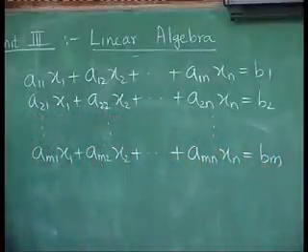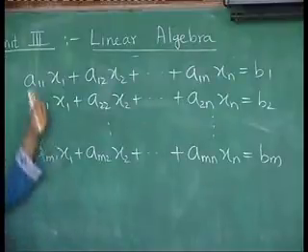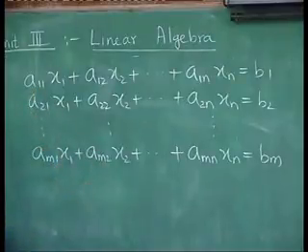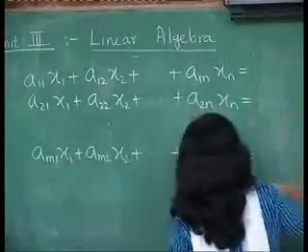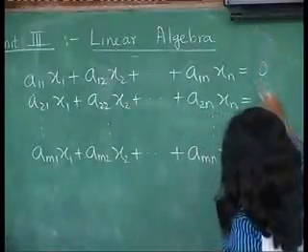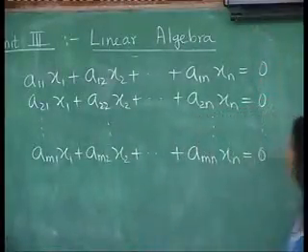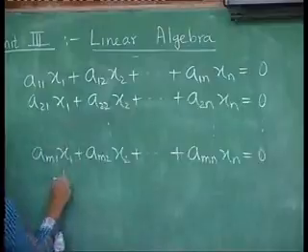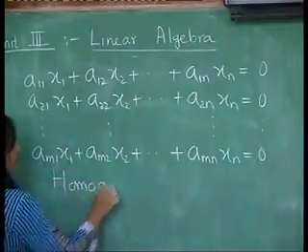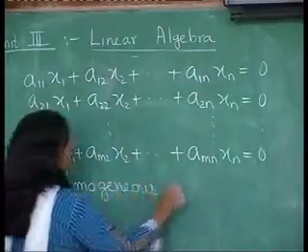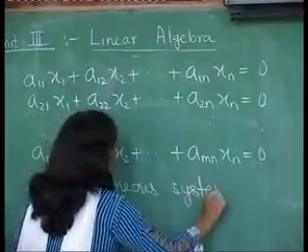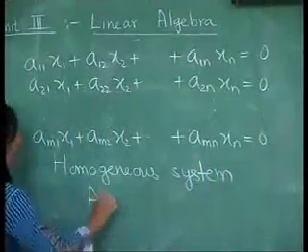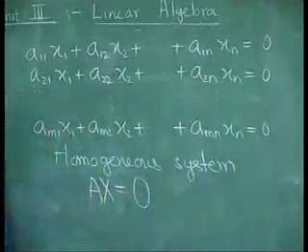So this was our general system of n equations in n unknowns. If it so happens that all the constants on the right hand side are zeros, such a system will be called a homogeneous system. And in matrix form, this system will look like Ax equal to 0.